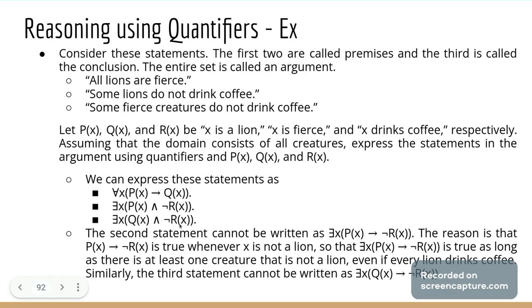Okay, now why have we not used P of x implies not R of x in the case of the second statement?